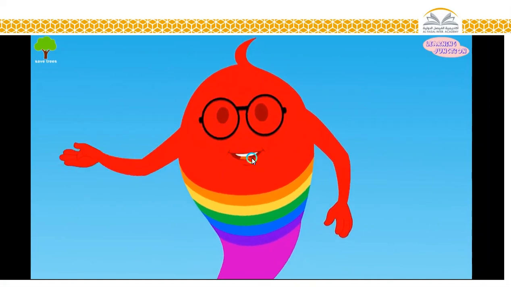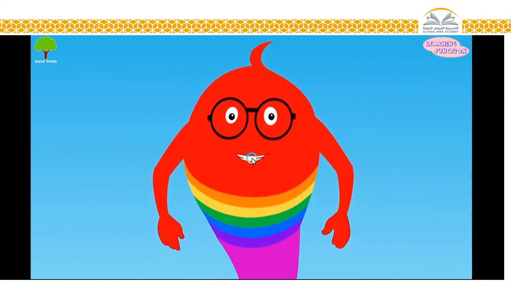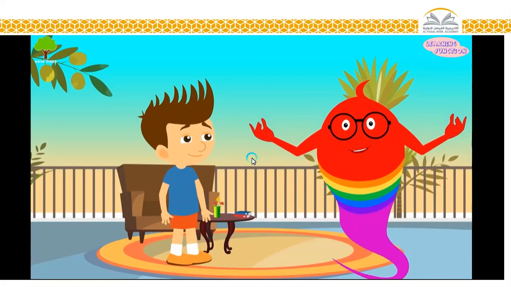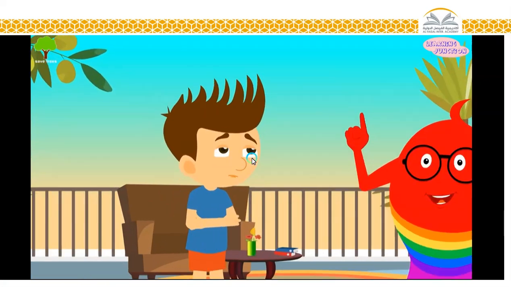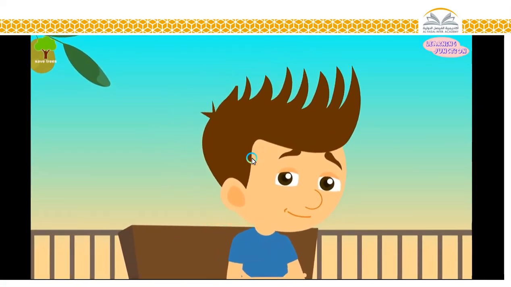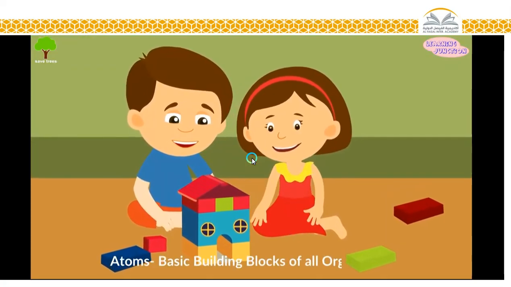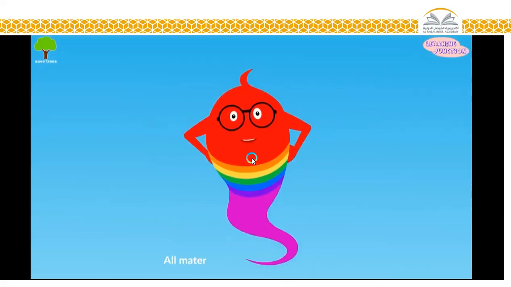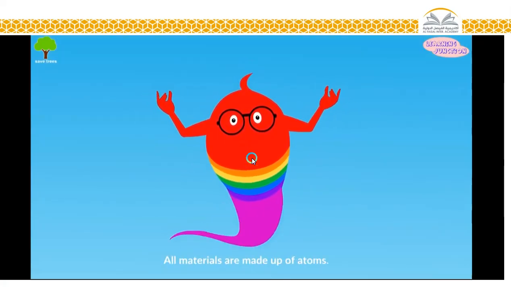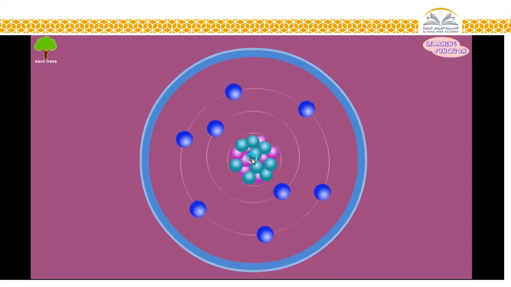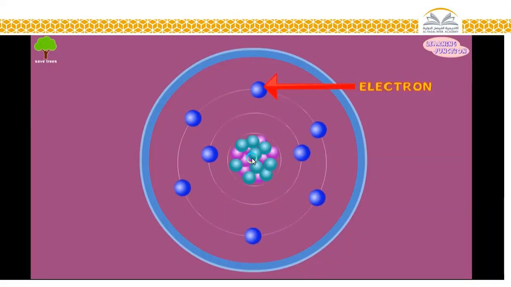You must have experienced the effects of static electricity. Remember when you had a bad hair day? This is the effect of static electricity that has built up on your head. It happens because of the basic building blocks of all matter, called atoms. All materials are made up of atoms. Atoms contain even tinier particles known as electrons that carry a minus or negative electrical charge.